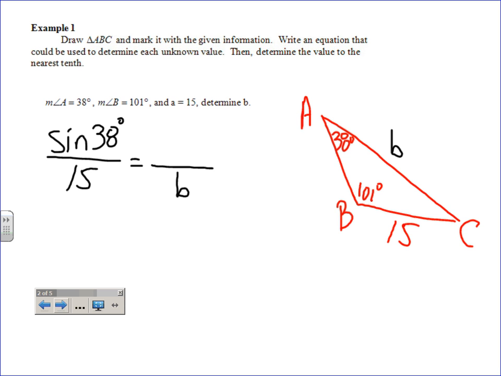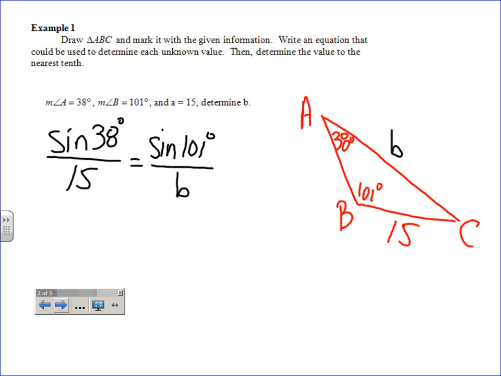The sides go on the bottom, the angles go on the top, at least in our setup. What should go on top of that fraction to help me solve? Sine of 101, because those are the 2 paired together. Sine of 101 and B are paired together. How many variables are in this proportion? 1.